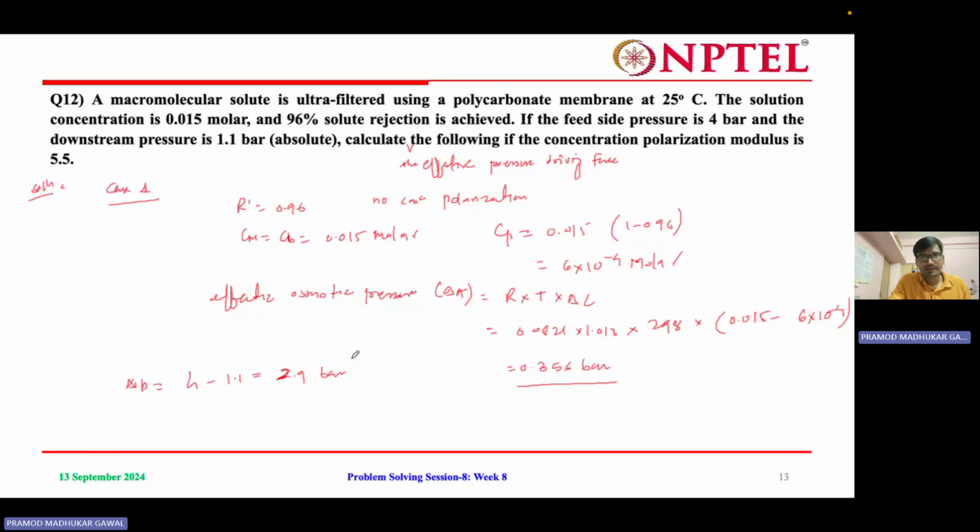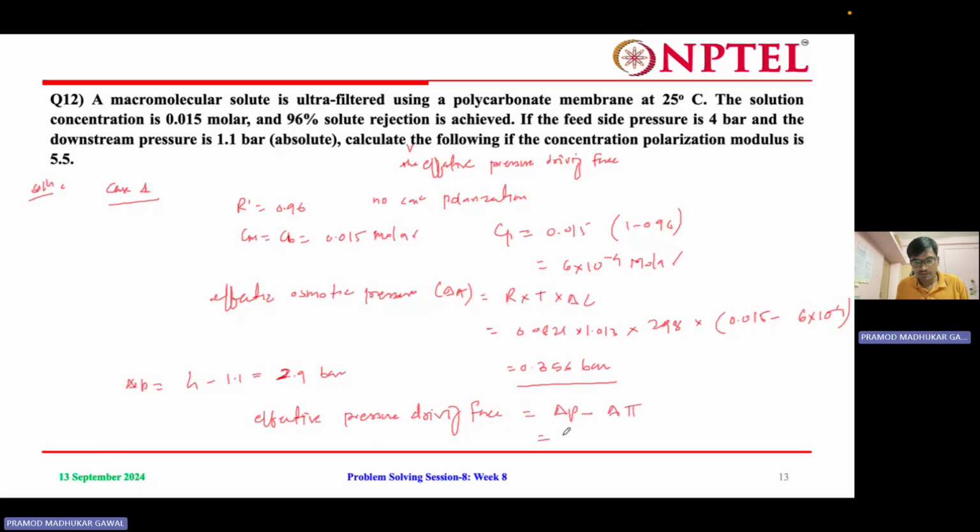Now we have to calculate the effective pressure driving force. Effective pressure driving force is equal to delta P minus delta pi.